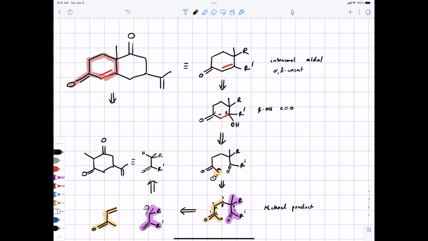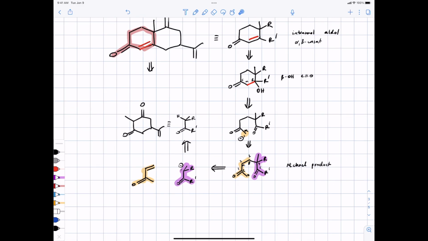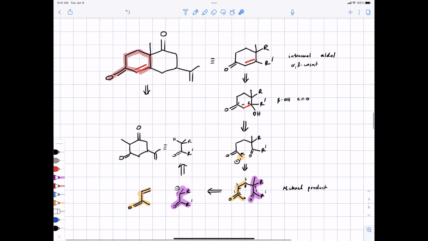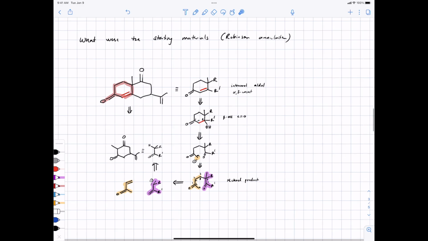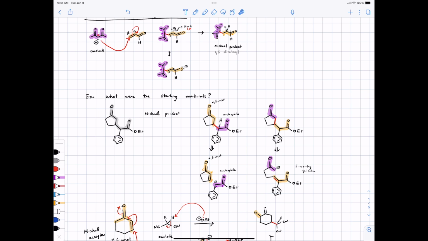Yes? If that methyl group weren't there, would you know for sure how to break the Michael product into two pieces? You probably would have had a viable alternative there. Though, this gets back to something I said at the beginning of class. So rather than speak in hypotheticals, let's just go back to that example.